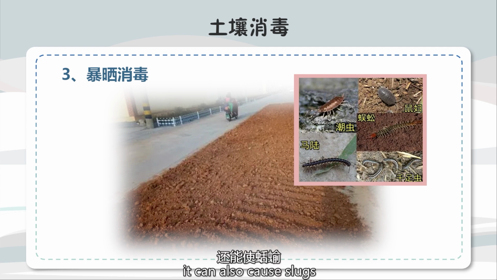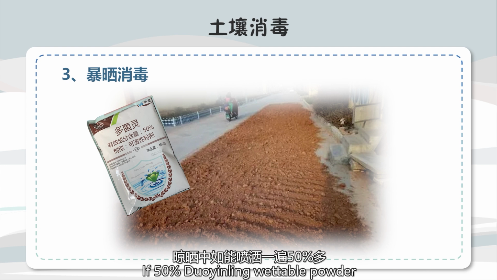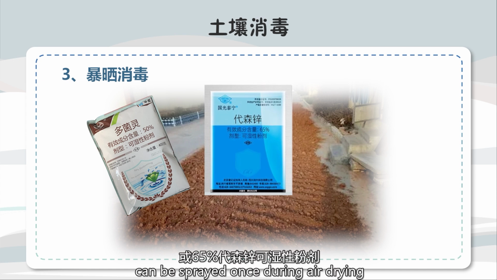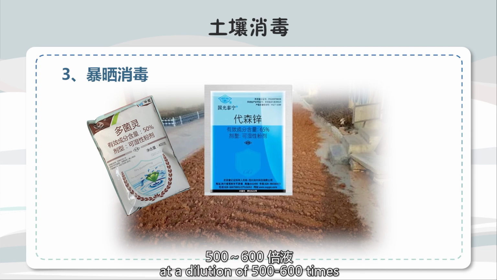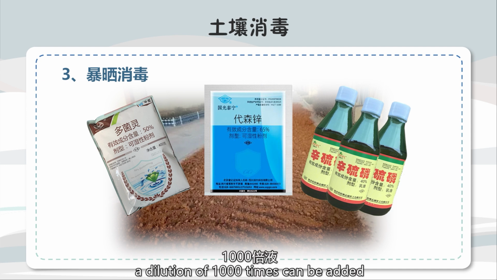In addition, it can also cause slugs, snails, and others to burst, and kill worms, mice, and similar pests. If 50% wettable powder or 65% zinc wettable powder is sprayed once during air drying at a dilution of 500 to 600 times, and 50% emulsion or 40% emulsion at a dilution of 1000 times can be added.